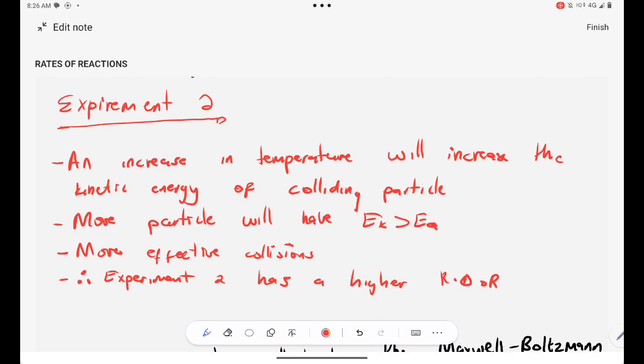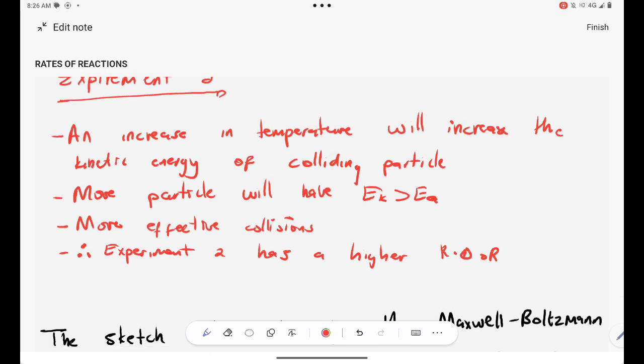So an increase in temperature will always increase the kinetic energy of our colliding particles. If we increase the kinetic energy of our colliding particles, it simply means that now more particles will have kinetic energy which is greater than the activation energy. This is one of the conditions for effective collisions.